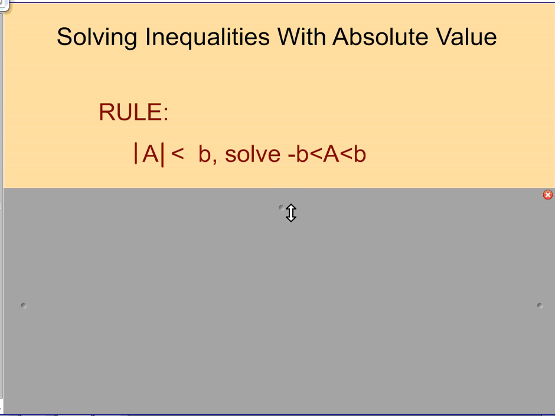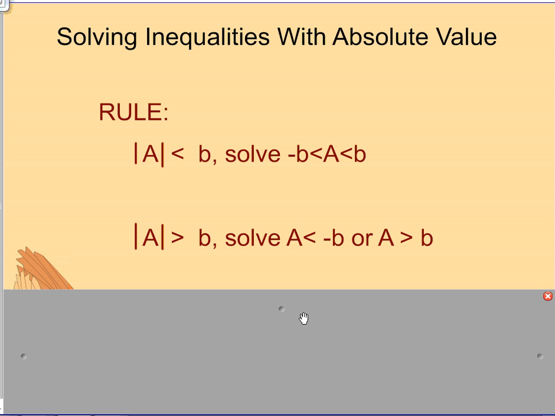Our other rule is if our absolute value is greater than b, in that case we're going to use the compound inequality or. We're going to say a is less than negative b, or a is greater than b. Okay. All right. So we're just going to go through and do an example real quick.